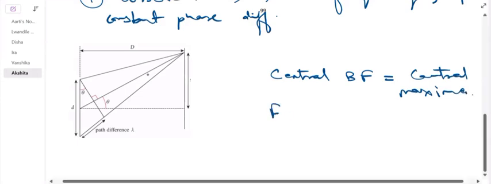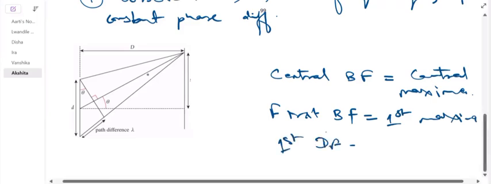Then the first bright fringe is also known as first maxima, and the first dark fringe is also known as first minima.